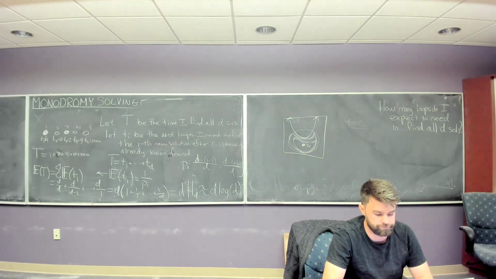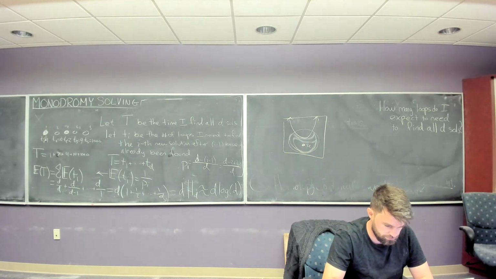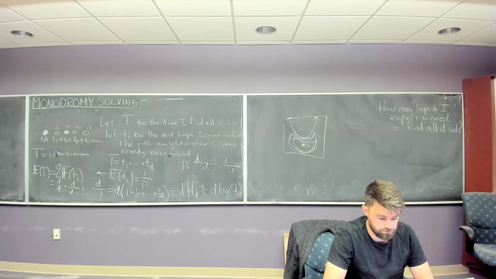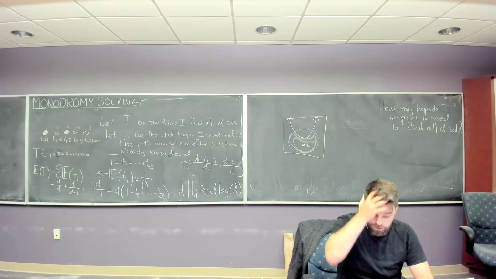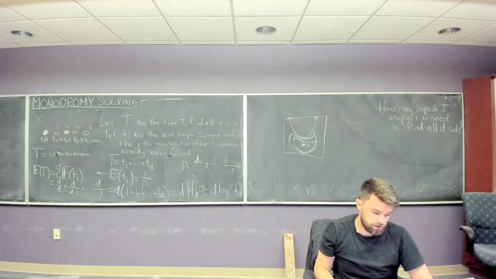My monodromy solve takes F, S, and U. Now I'm going to track solutions around, and I am going to get something new.